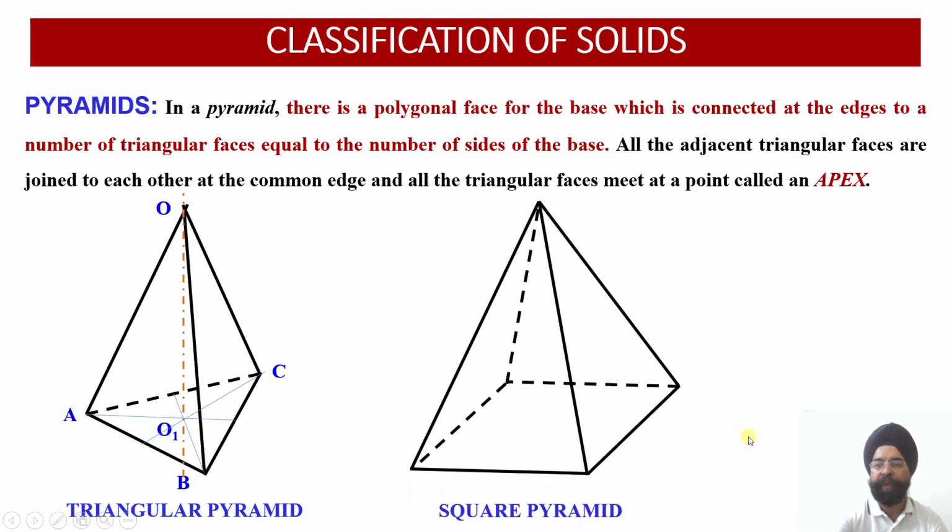Similarly, you have the square pyramid. In the case of a square pyramid, this edge is not visible, that's why we have drawn it with a hidden line. So let us do the numbering: A, B, C, D. The top point, the apex, we have named O. Now how to find the center point? This also we have discussed. Find the midpoints of each of the sides. Join the midpoint of AD with the midpoint of BC with an axis line.